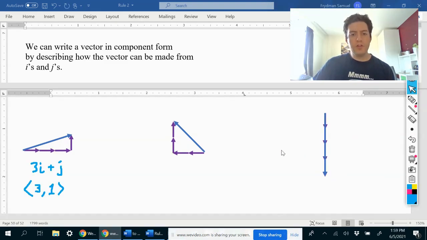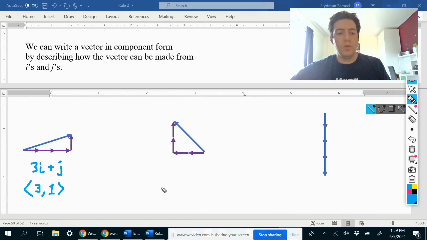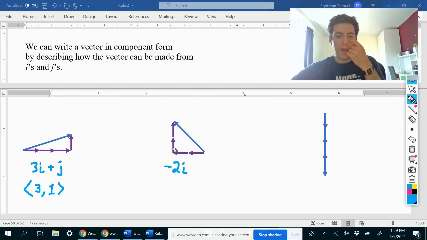Let's move on to the second vector. How would we write this one in component form? Well, since these horizontal vectors are pointing to the left, and there are 2 of them, we would start by writing negative 2i and then plus 2j.